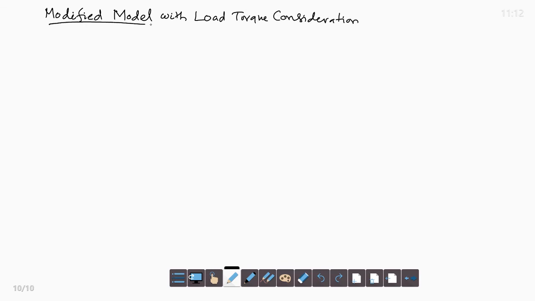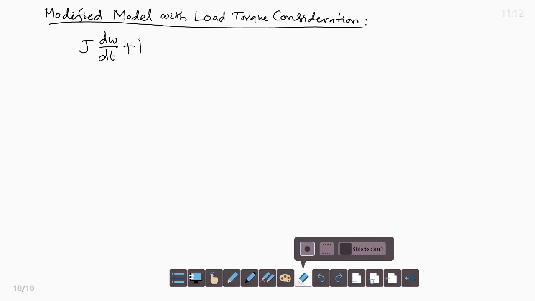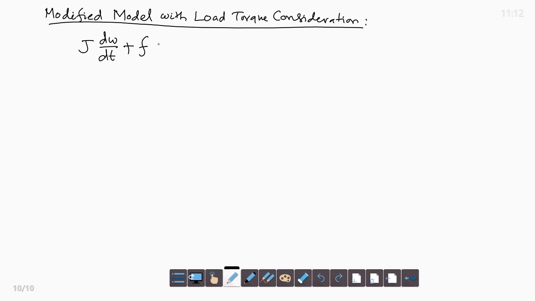Modified model with load torque consideration. We know that J d omega by dt is the inertia torque, plus viscous friction torque F omega, where F is the viscous friction coefficient, plus load torque TL, equals the electromagnetic torque TE, which is C times Ia.